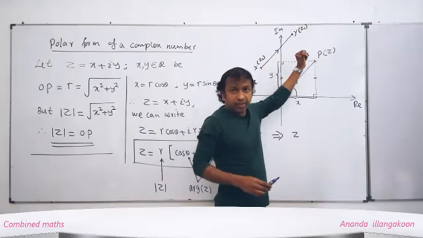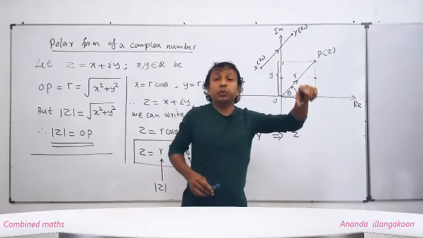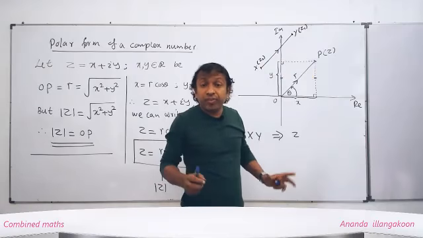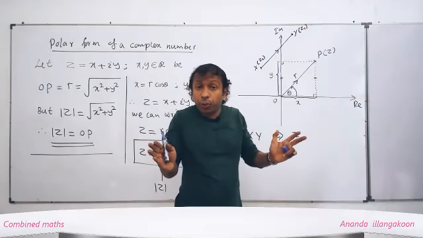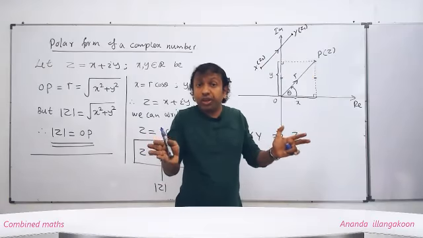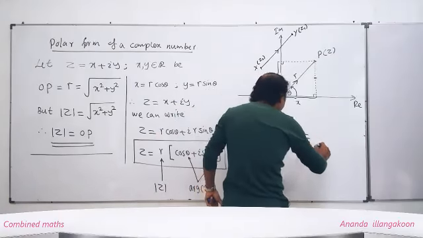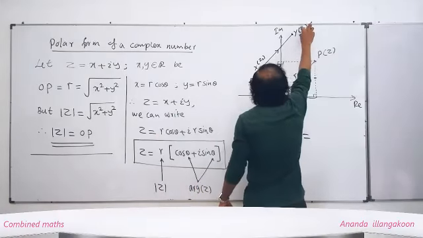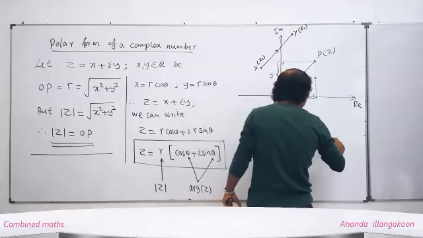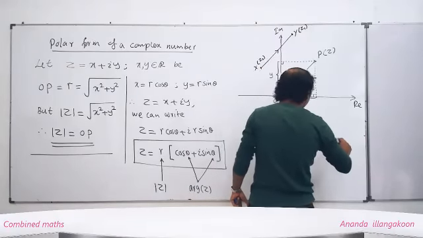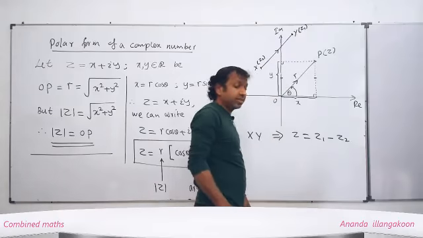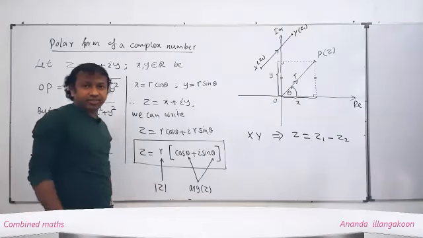We agreed that. Now, the complex number represented by the line segment OP, and now by XY, is Z. That Z we can write as the complex number at Y minus the complex number at X. That way we can write.